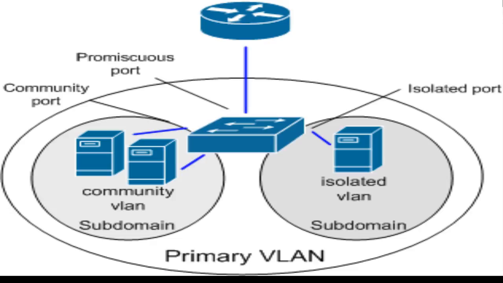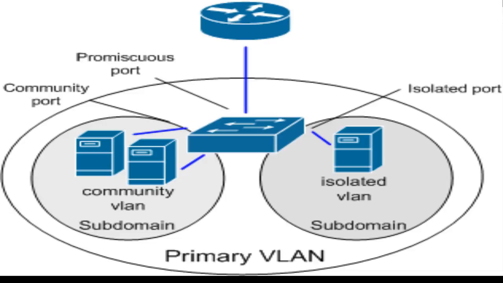So a promiscuous port is a port that can talk to anybody. It can talk to a community or an isolated port. But an isolated port cannot talk to anybody except promiscuous ports. You understand that?